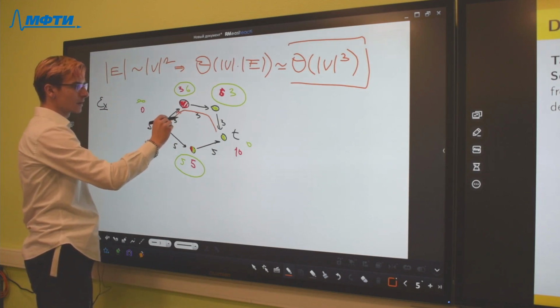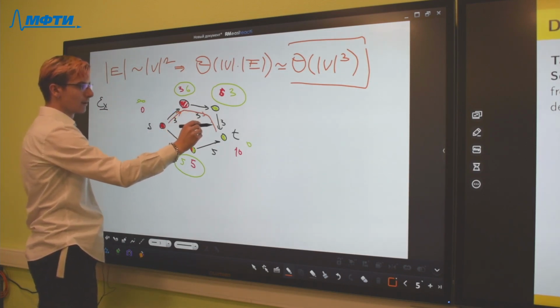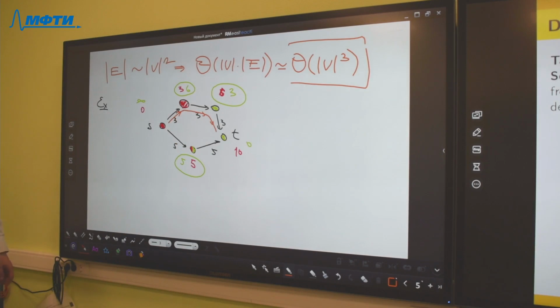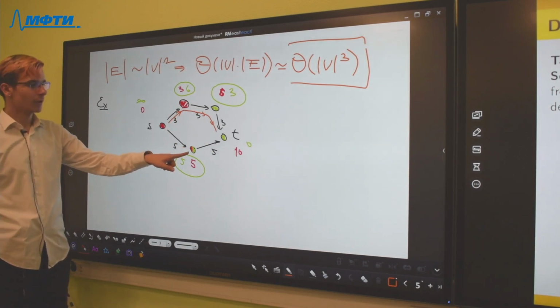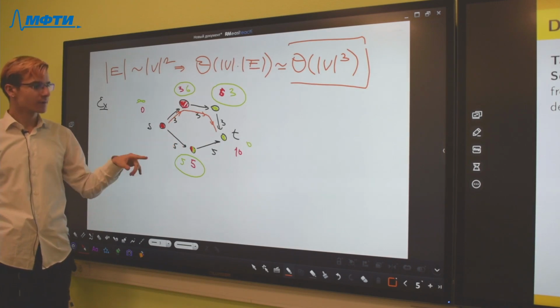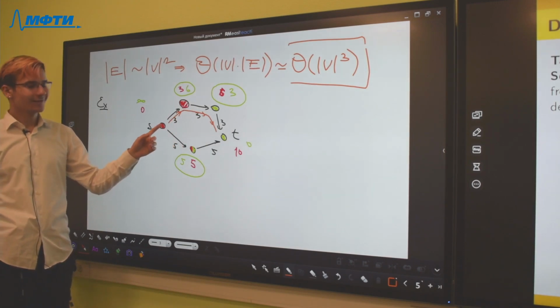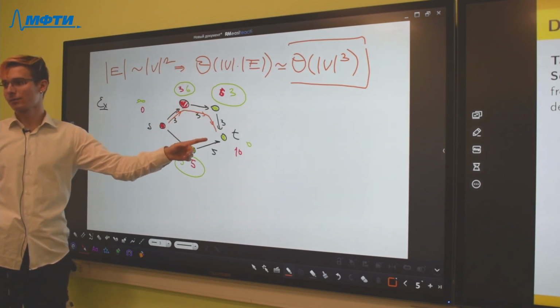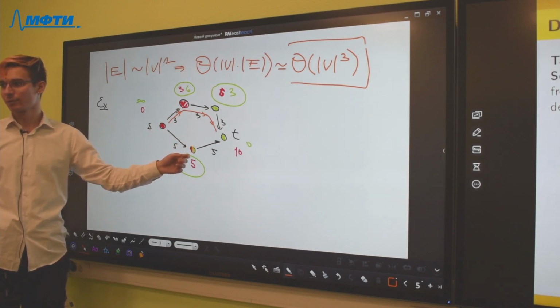So, of course, you need to end your algorithm when you extract a vertex from both of the queues, but the shortest path cannot contain this vertex.